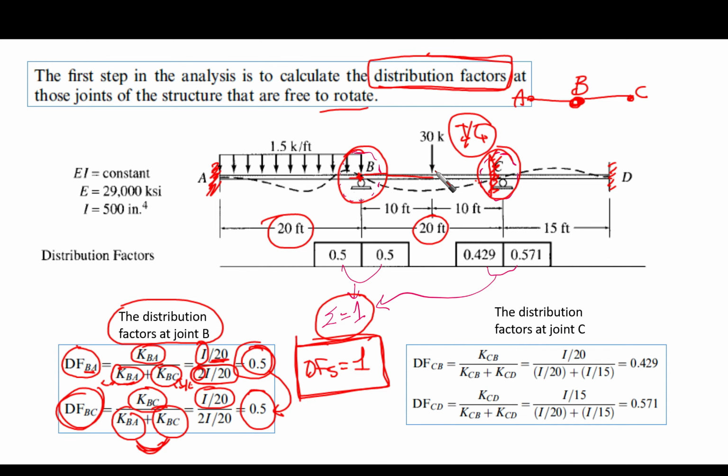So it is going to be I over 20 over 2I over 20. This means you find it is 50%, which is 0.5. Then it is right. So these are the distribution factors. We are going to put them in the table, here and here, 0.5 and 0.5.